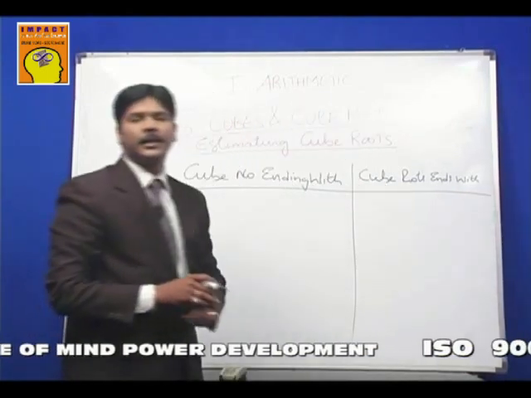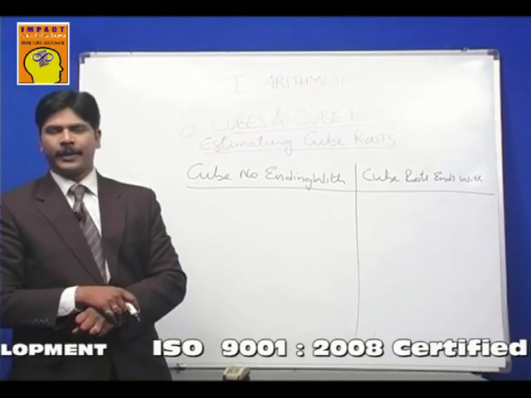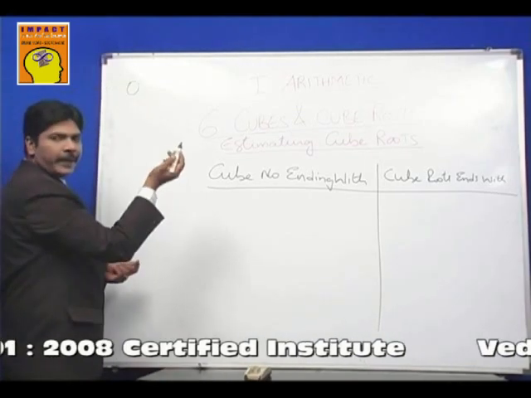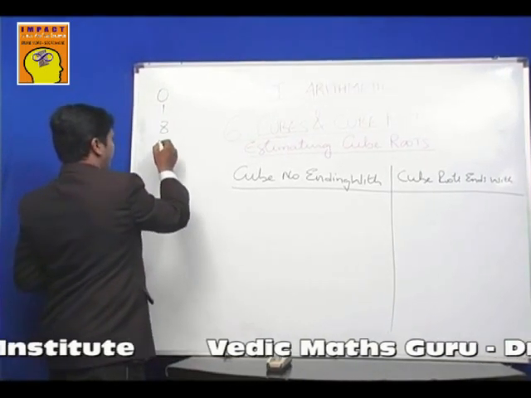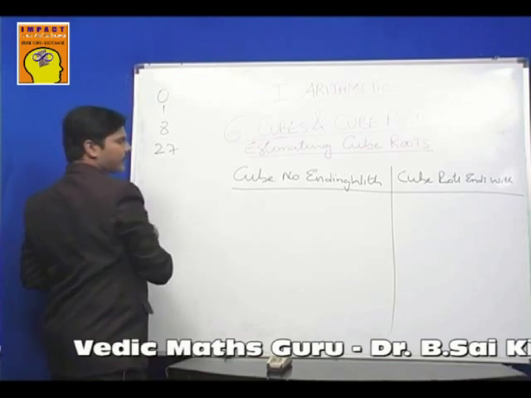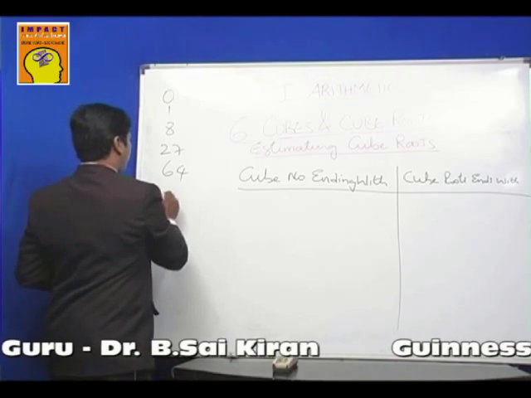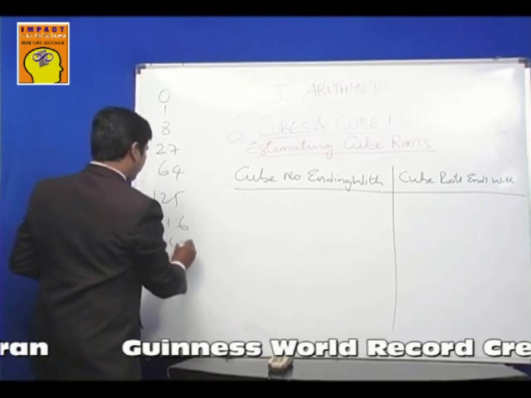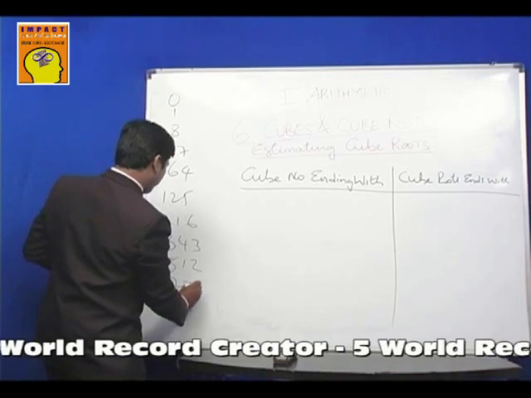Now just like the square numbers, not all numbers are cube numbers. The cube numbers are 0, then 1, then 8, then 27, then 64, then 125, then 216, then 343, then 512, then 729.